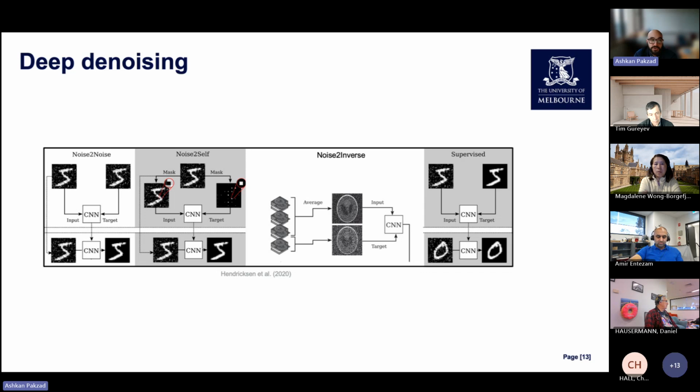There is the noise to inverse framework, which also can be used with noisy images, but using subsets of projections in the reconstruction domain. And then finally, the most typical approach in deep learning is supervised deep learning, where using a clean or a less noisy image as reference, we can train to denoise noisy images.